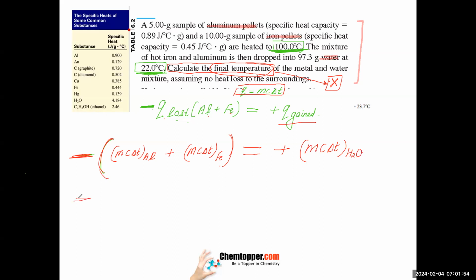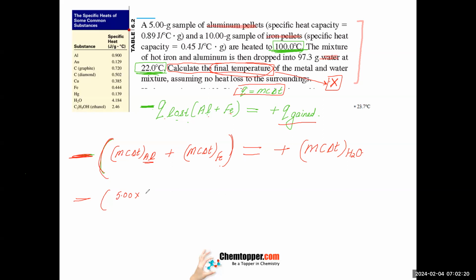Ready? What is the M of aluminum? Read the question. Give me the mass of aluminum. Yes, 5.00 grams. C of aluminum is given in the question.